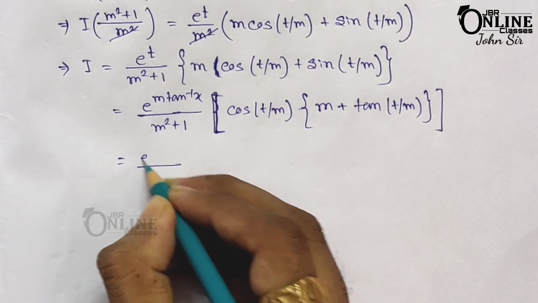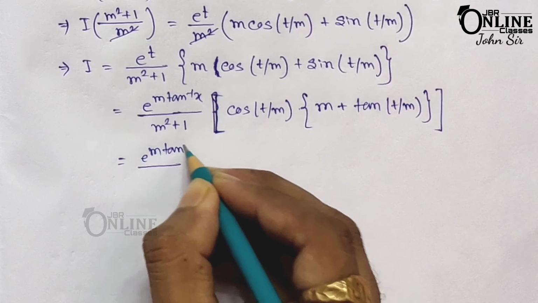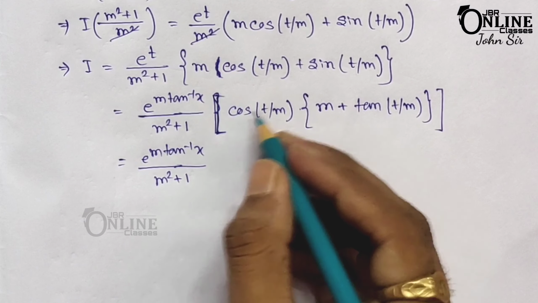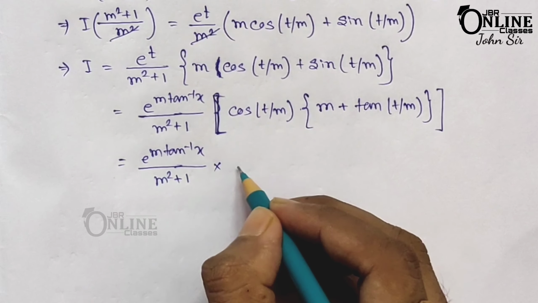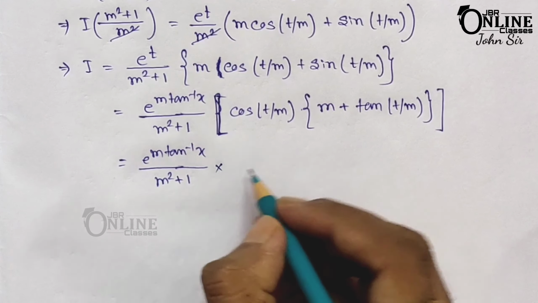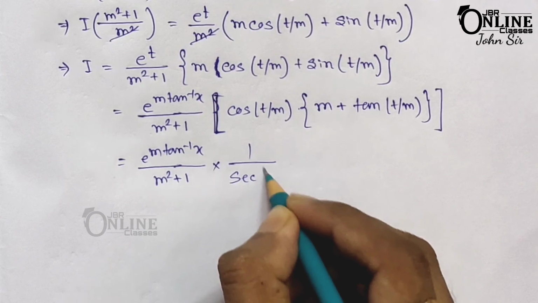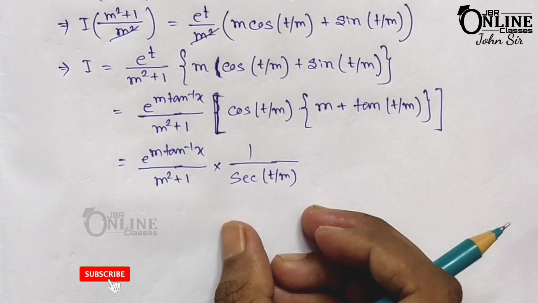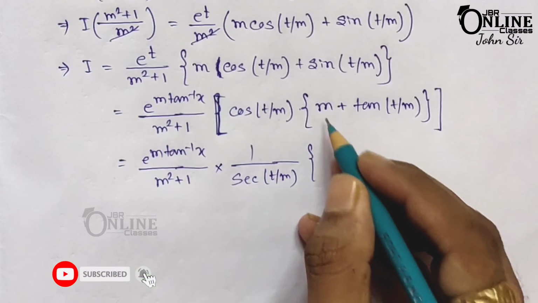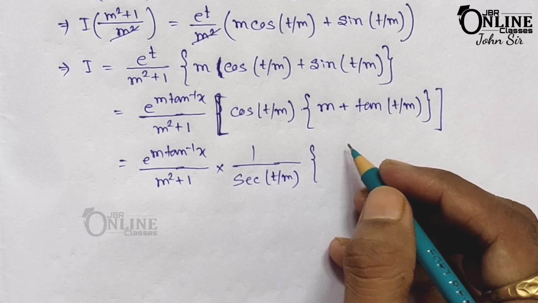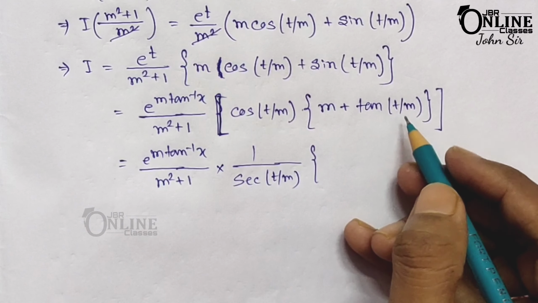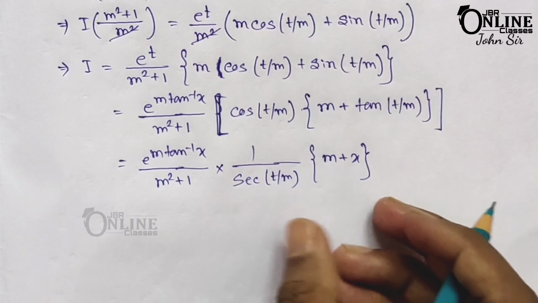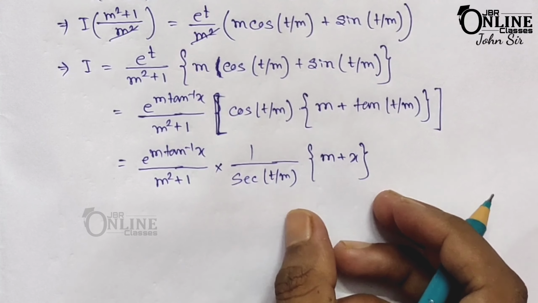So now here e to the power m tan inverse x by m square plus 1, and here cos t by m will be 1 by sec t by m, and here m plus tan t by m, tan t by m means x, so m plus x.